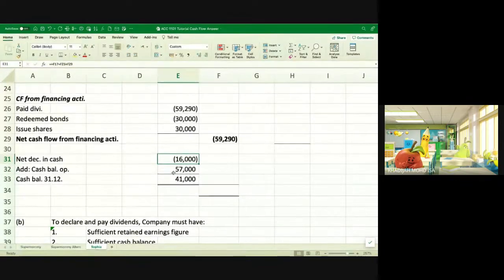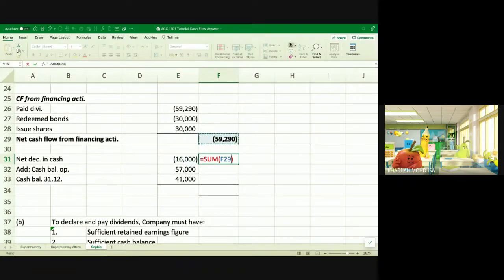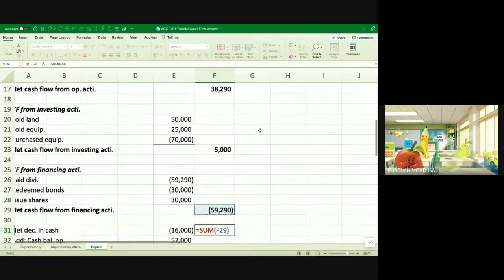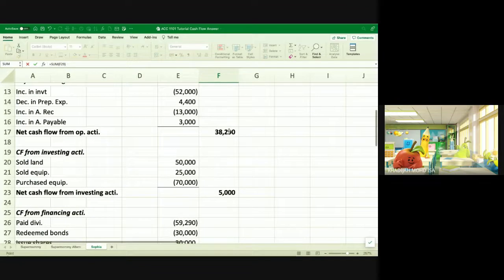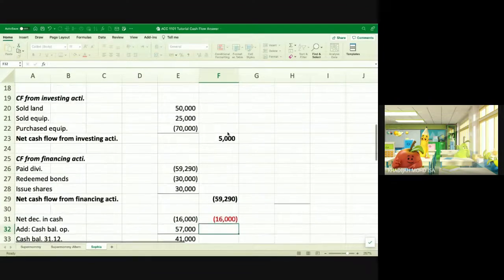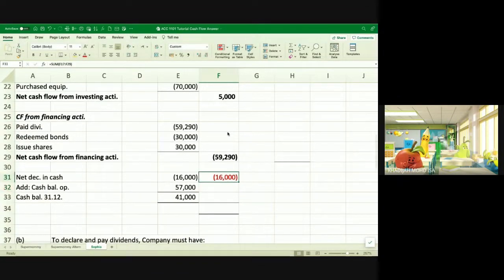But do you have that in your cash flow? You can check on that. You take the net changes from your net cash flow from your financing, your investing and your operating activities. Add together, you do get that 16,000. All right, so that means that your answer here is correct.